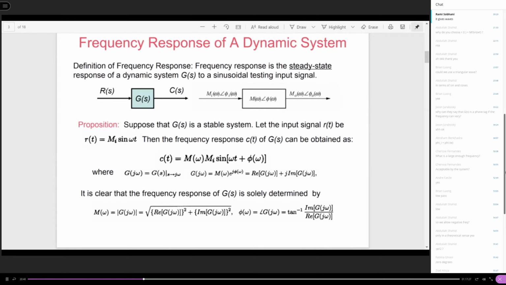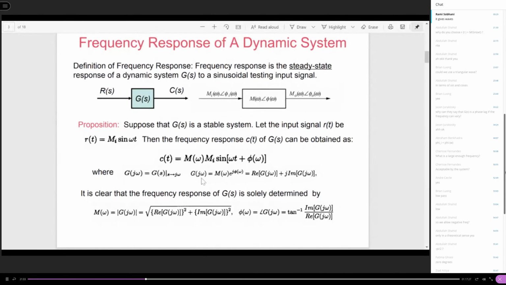If you remember, we talked about the imaginary part being the frequency. So if you make s equal to j omega, you will get G of j omega, and this G of j omega is a complex function of omega, the frequency.